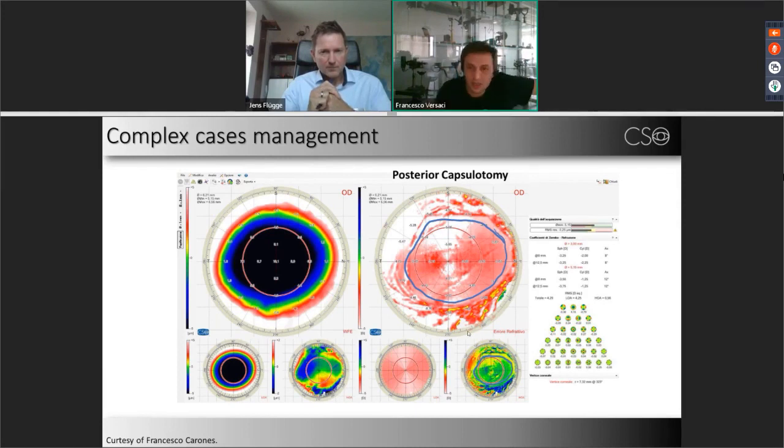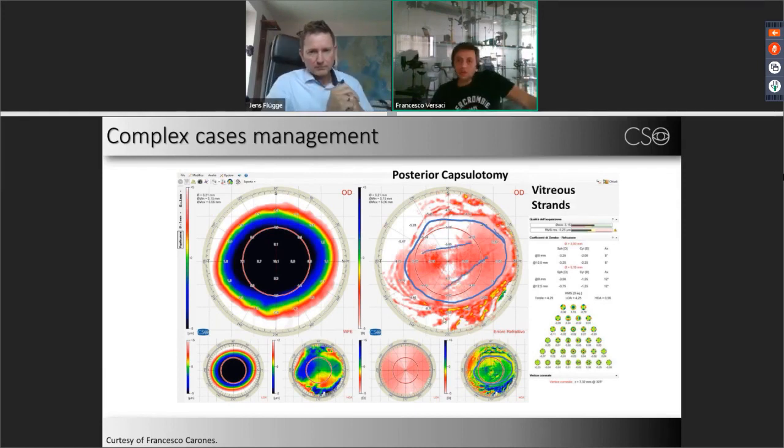And you can also recognize some strands, some lines, and those are the zonular strands. So you can have very important details from the observation of this kind of maps.